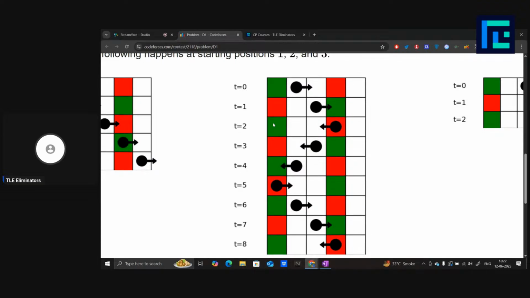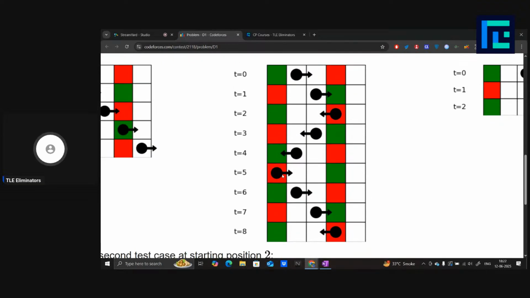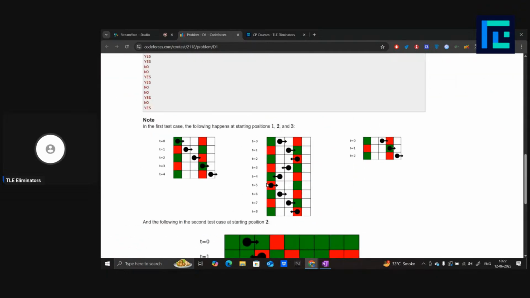Because k is 2 in this case. So modulo 2 we reach at t equal to 1. So this t equal to 1 case again depends on this case right here, t equal to 0, and we are at this facing this direction. So we have cycles in our dp graph.